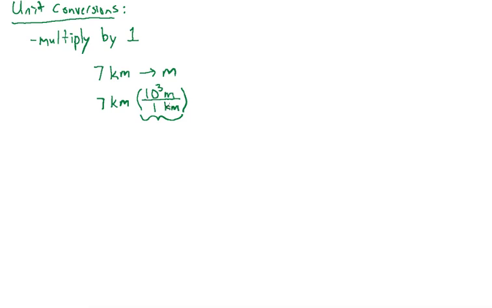There are 1,000 meters in 1 kilometer, so it's the same thing. This 1,000 meters is the same thing as this 1 kilometer, and when I divide something by itself, it's the number 1. And so if I multiply these together, what I'll get is kilometers canceling with kilometers, the whole thing, the K and the M, and I'll be left with 7 times 10 to the third meters.